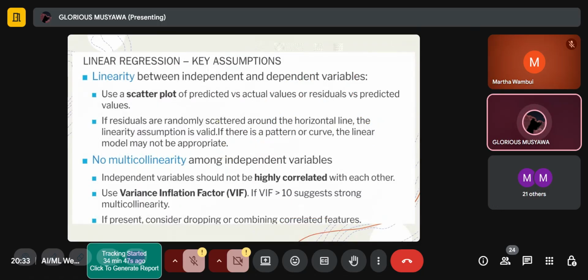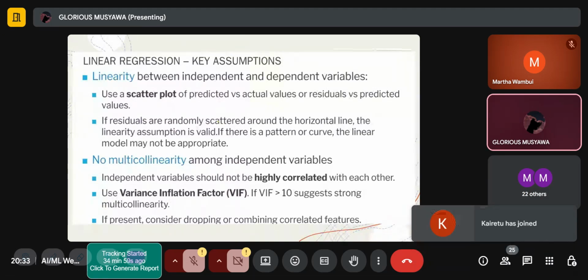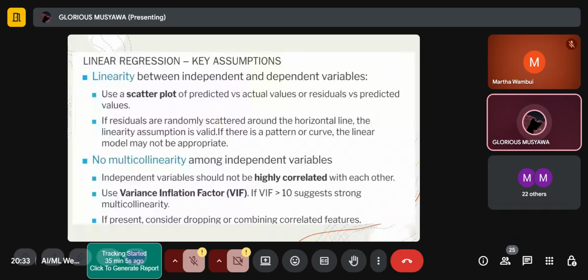So we have several assumptions when it comes to linear regression. Because they're algorithms, when you develop a theory or come up with something, there has to be some assumptions you're making in order for it to work. It's not ideal. So the first one will be linearity between independent and dependent variables.